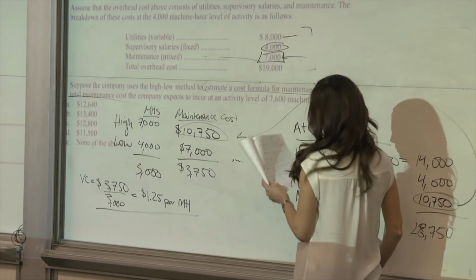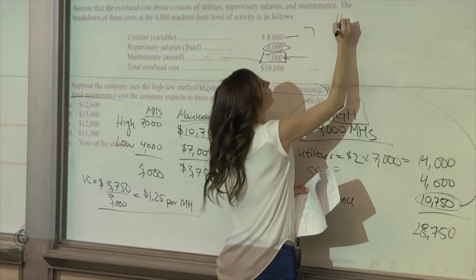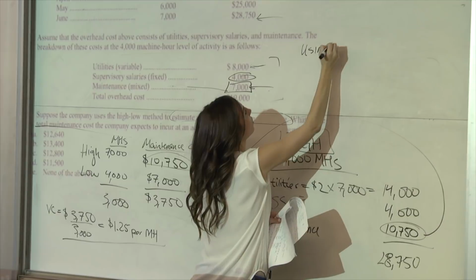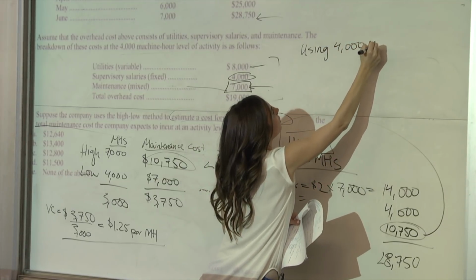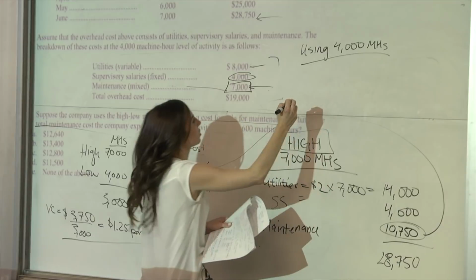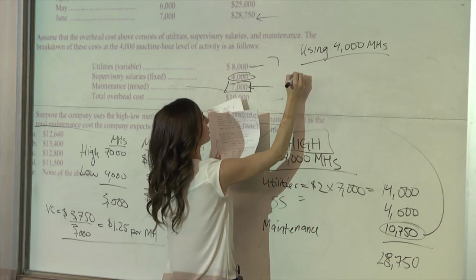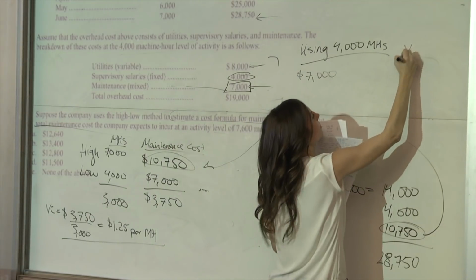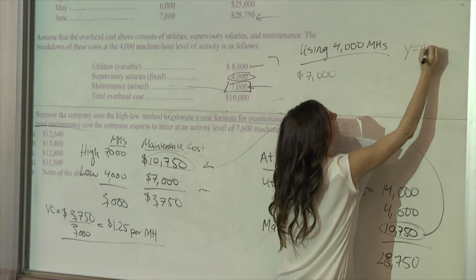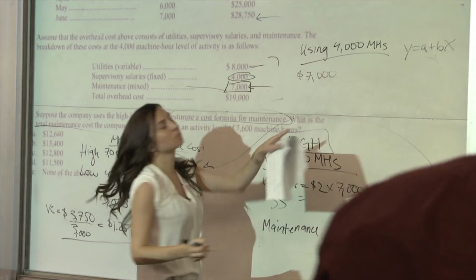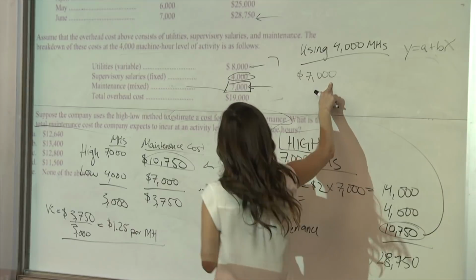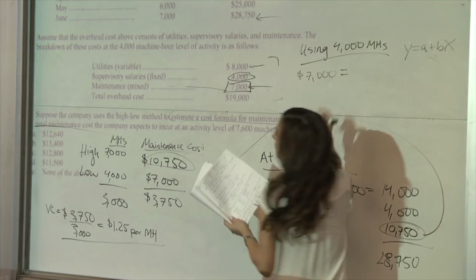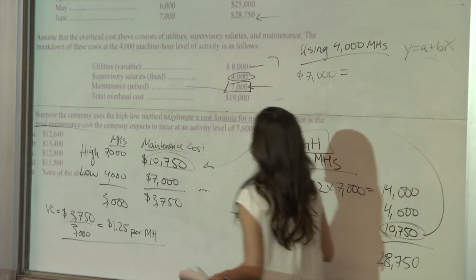I'm going to erase this. Now, let's use the data from the 4,000, from the low level. Again, you can use high or low, it doesn't matter, to get the fixed costs. So again, we have $7,000, the same. This is y equals a plus bx. Where does the 7,000 come from? It's the total. Now we want to see the mix between variable and fixed.